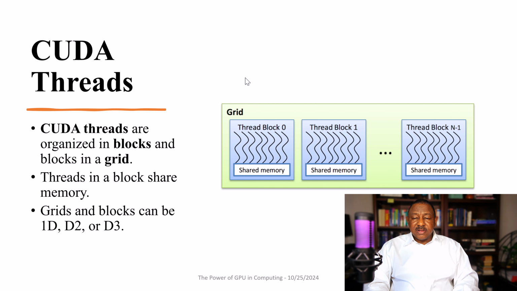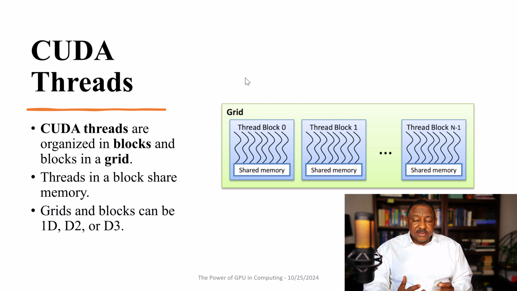And when we talk about the programming concept, it's very important to understand how we organize and use these cores. The cores execute what we call CUDA threads, and each core in the GPU simultaneously executes a CUDA thread.